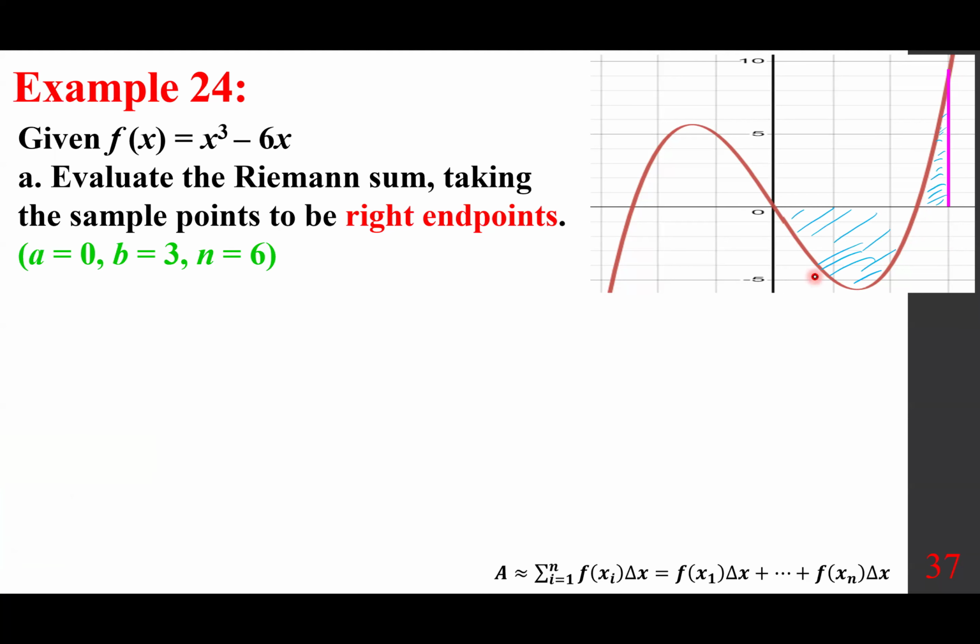First, let me quickly show you something that is a little bit easier to follow. So for example, if you want this function from A to B, and you're interested in getting the area under the curve.